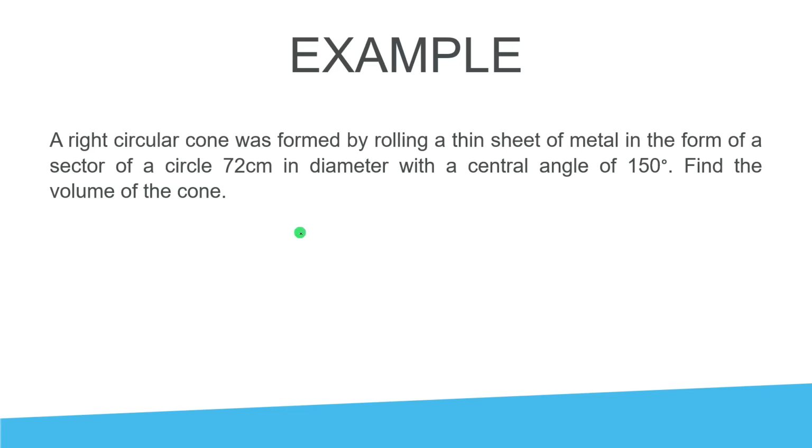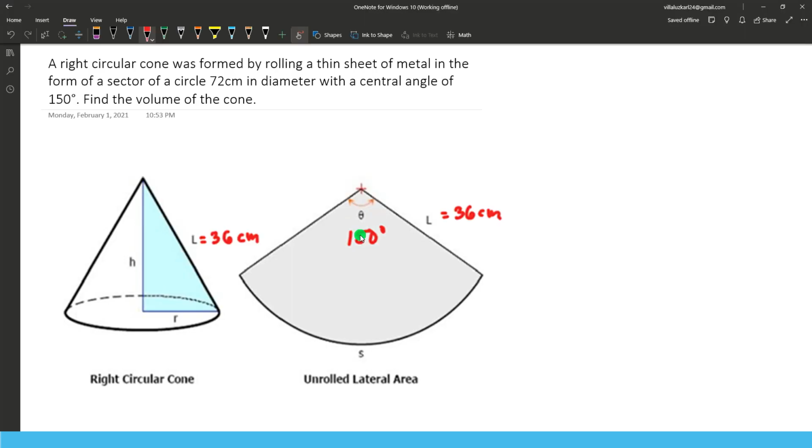Okay, so let's draw the figure. Here is your sector that we will use to form a right circular cone. It's given that the diameter of the sector is 72 centimeters. So we need the radius, which is half the diameter.